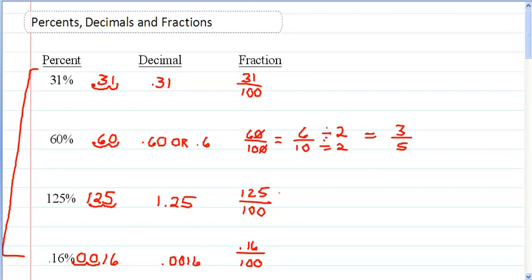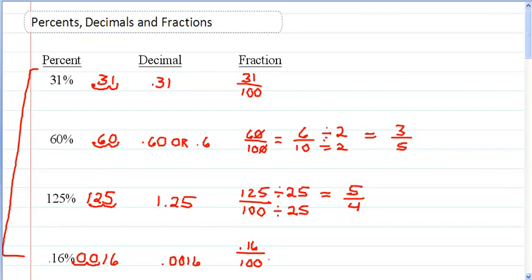For 125 over 100, both of these numbers are divisible by 25. And this reduces to 5/4. You can always leave it as improper. You don't have to change it to a mixed number. And 5/4 is as far as we can go.